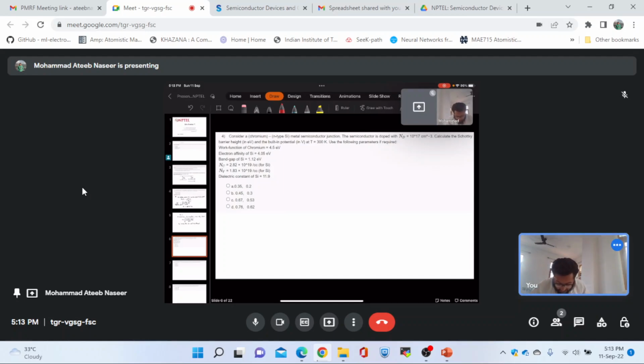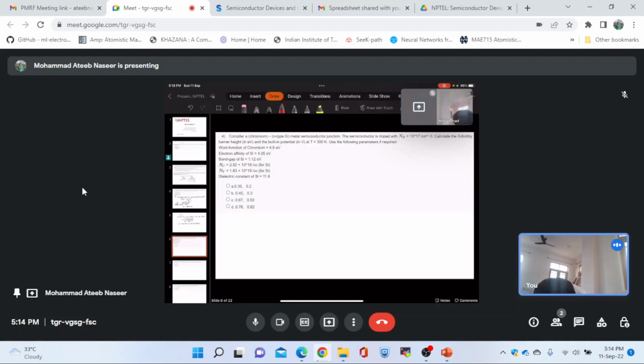So let us begin by drawing the band diagram, how it would look. For this case, if I draw the vacuum level, it will simply look like this. This will be the vacuum level. Since it will be a Schottky contact, it will look like this. Let me draw the Fermi level as dotted.